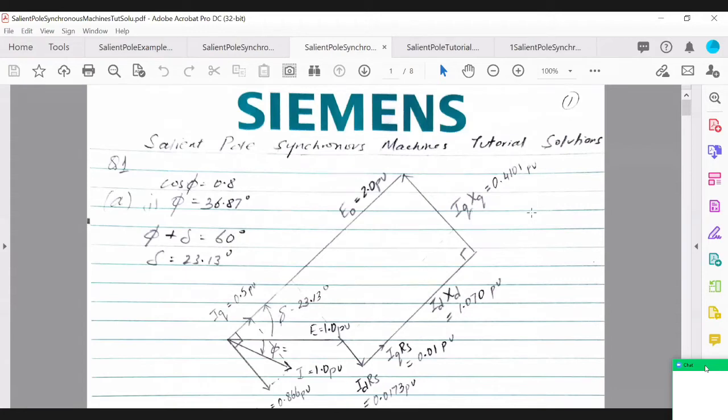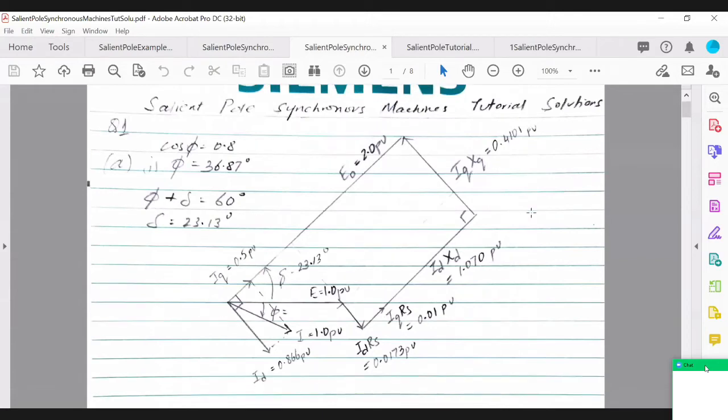Okay, thank you. Right, so this is the question where, as I said, we've been given the value which is the drop across the stator resistance. We've been given the power factor of the machine, so we can determine phi, and we've also been given the angle.